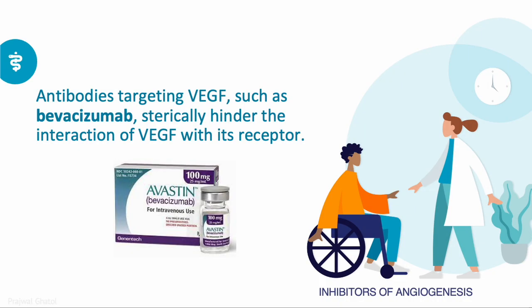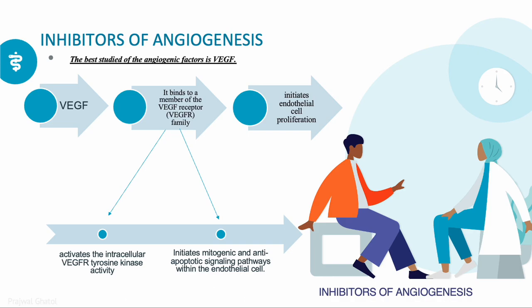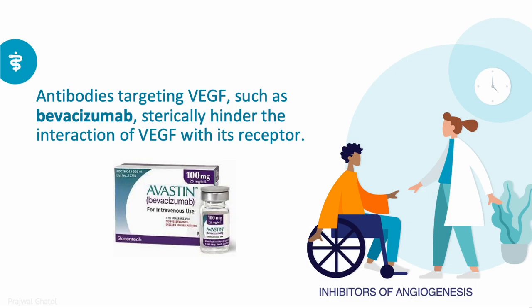So, as we discussed, this VEGF is responsible for malignancy as it activates the intracellular VEGFR tyrosine kinase and initiates mitogenic and anti-apoptotic signaling pathways. So it needs to be inhibited. Certain antibodies are used for the treatment of cancer.